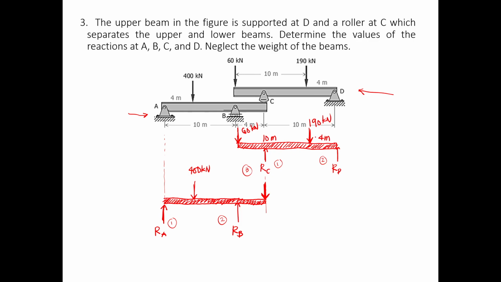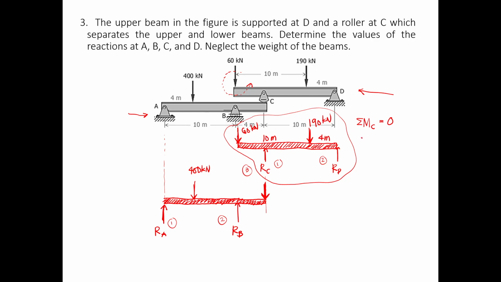So since we have to solve this diagram first, and we're only dealing with two unknowns, let's say we're going to take moments at point C equal to 0. Going towards the 60 kilonewton force, that will be a counterclockwise moment, coming from C, and the distance is 4 meters.